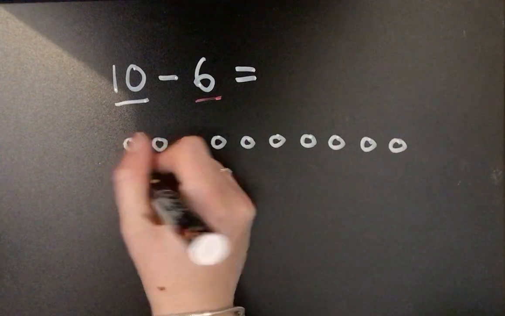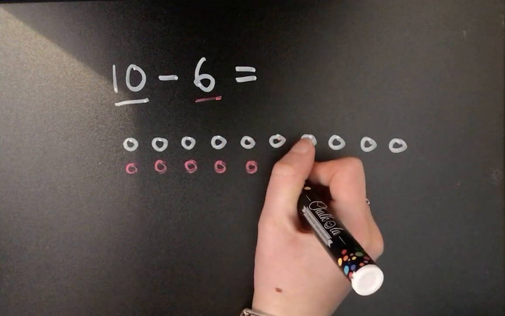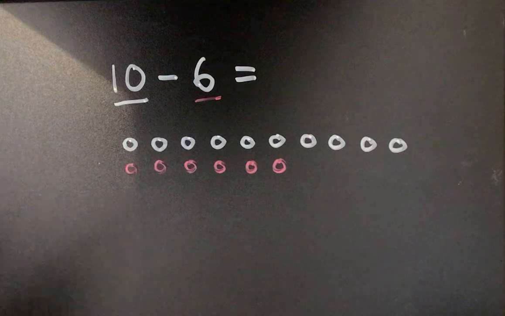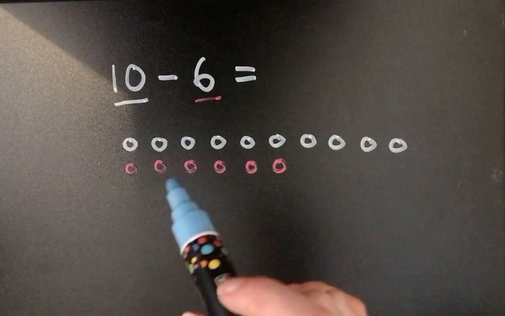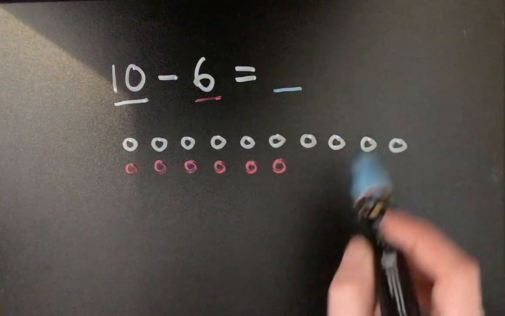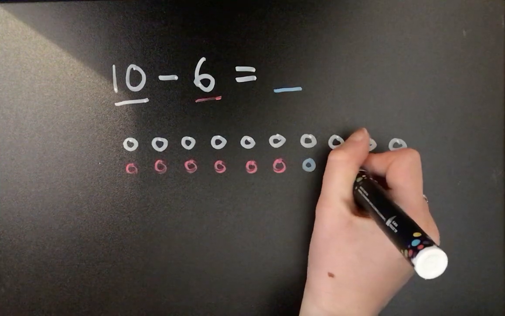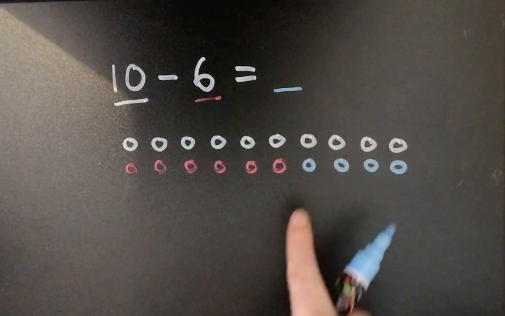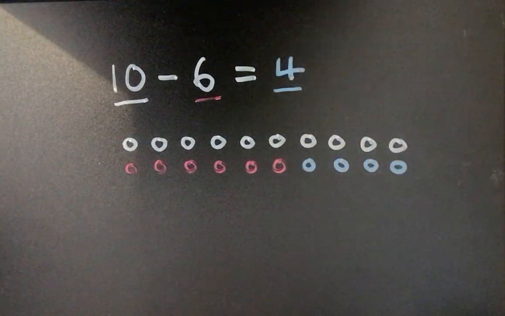So 1, 2, 3, 4, 5, 6. Now, I can see that there is all this space over here. So I'm then going to show my answer by drawing in the rest of the dots. 1, 2, 3, 4. There are 4 dots left, so my answer must be 4.